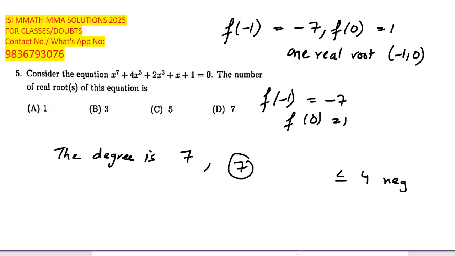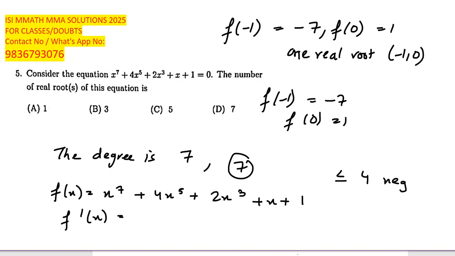Now we will use the function and its derivative. f(x) is x to the power 7 plus 4x to the power 5 and so on. Next time you are given a question, you can try every possible method easily. And f prime of x will be 7x to the power 6 plus 20x to the power 4 plus 6x square plus 1, which is greater than 0 for real x.